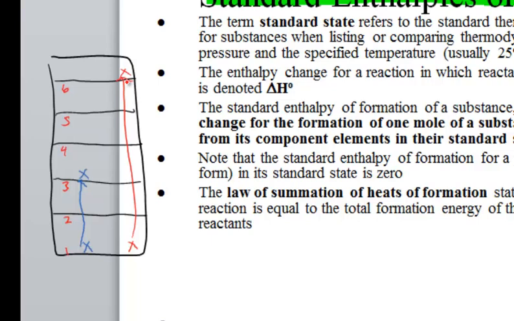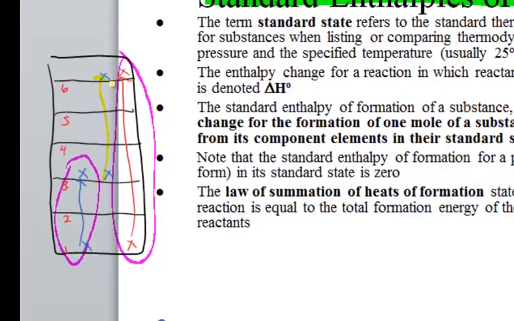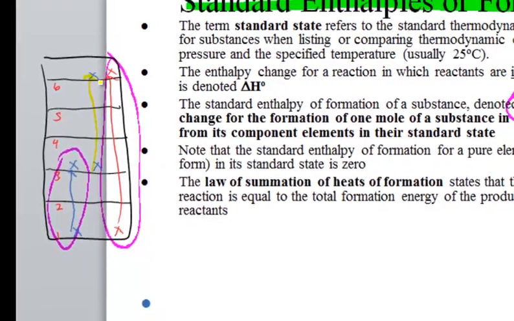If you have those two changes, what if I just wanted to know from that information, what's the energy change from 3 to 6? You could use those first two energies, and those two can allow you to calculate what it would be to go from 3 to 6. That's kind of what these enthalpies of formation are.